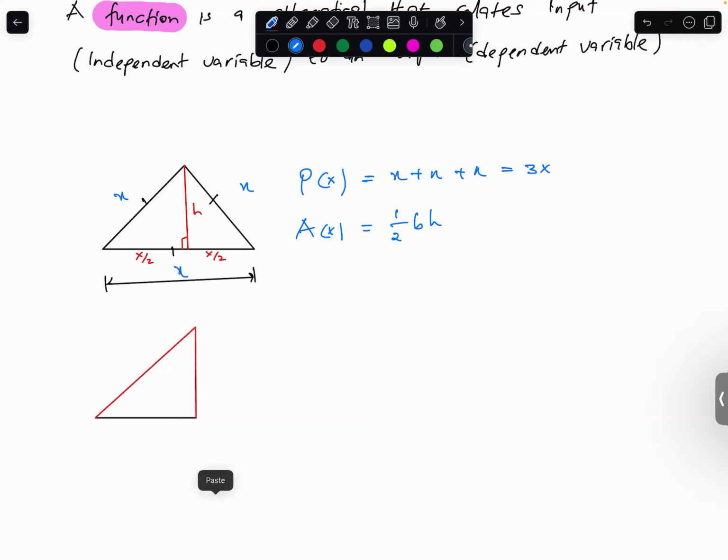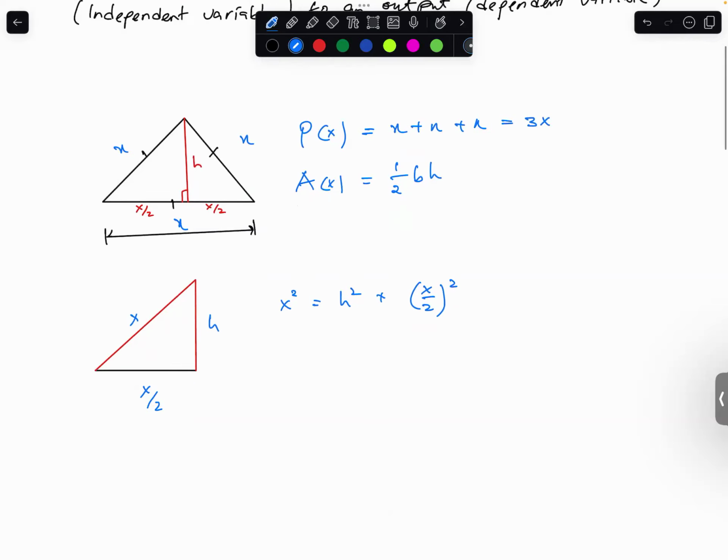So this side is x/2, the hypotenuse is x, and this is h. We need to find what h is. By the Pythagorean theorem, x squared is equal to h squared plus (x/2) all squared.